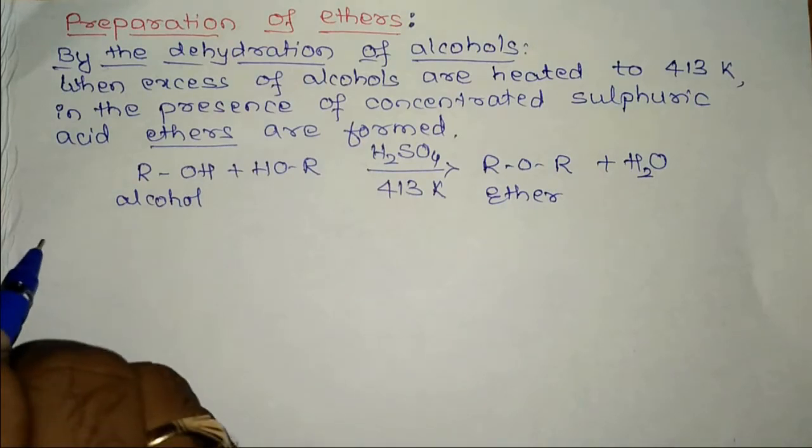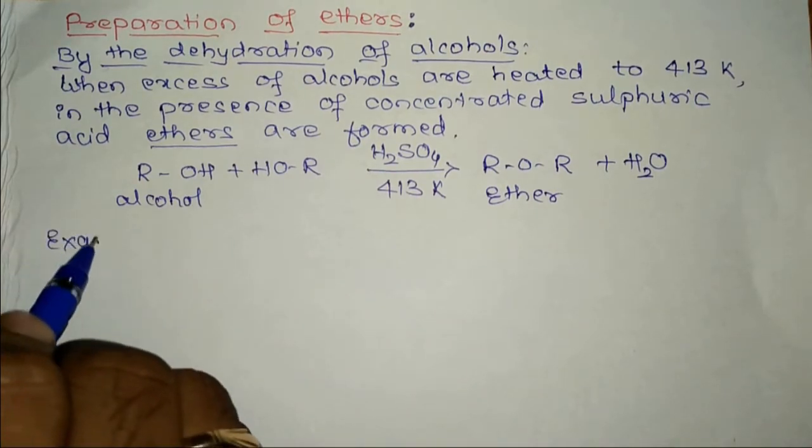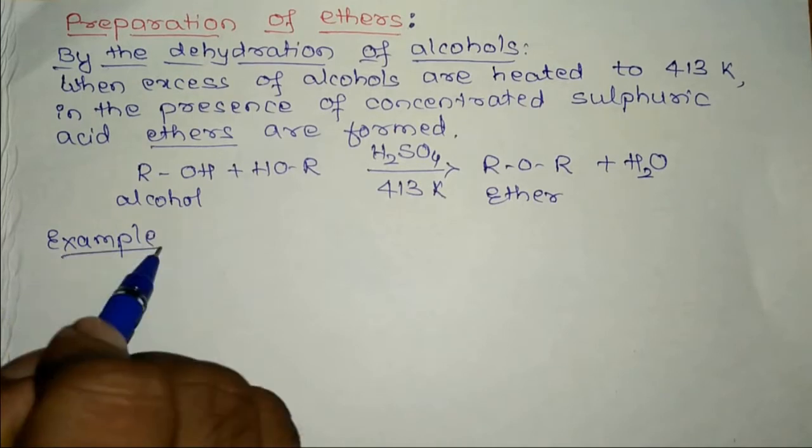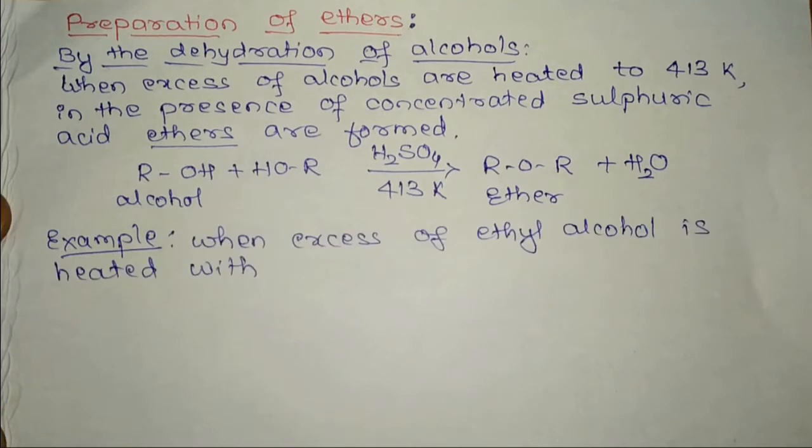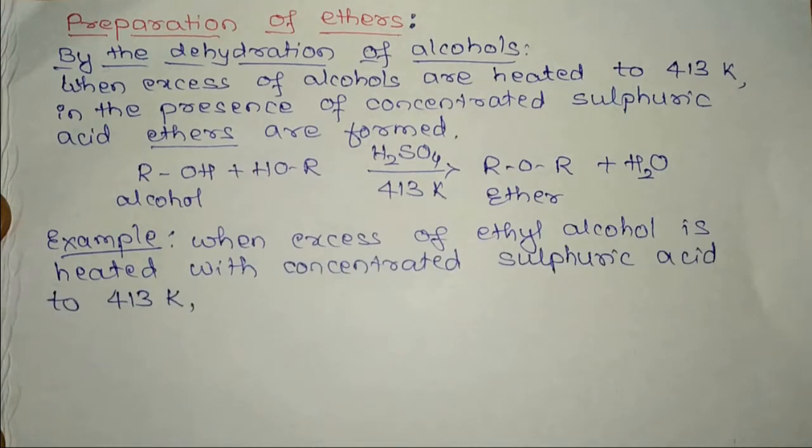Now let us see the example. When excess ethyl alcohol is heated with concentrated sulfuric acid to 413 Kelvin, diethyl ether is formed.